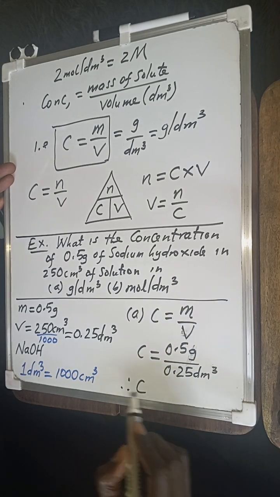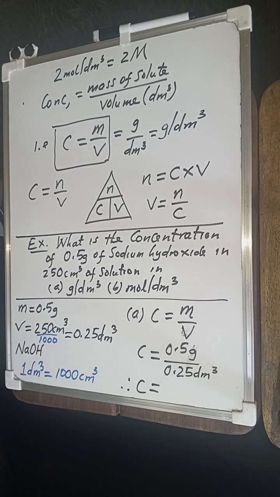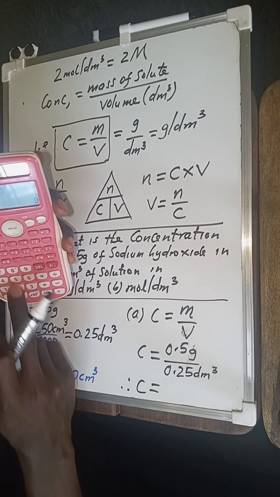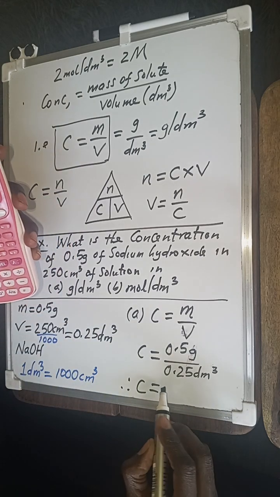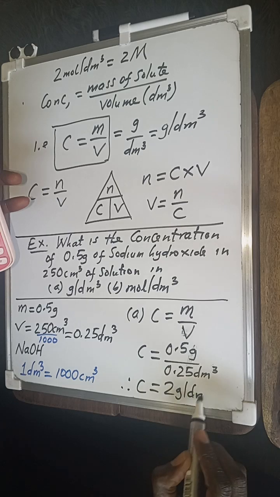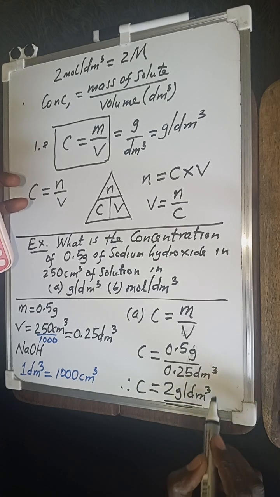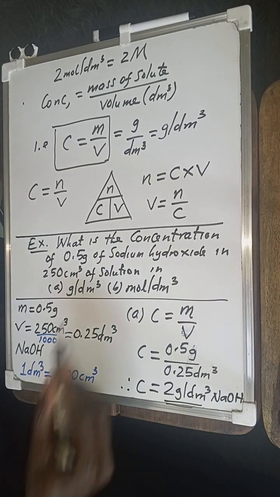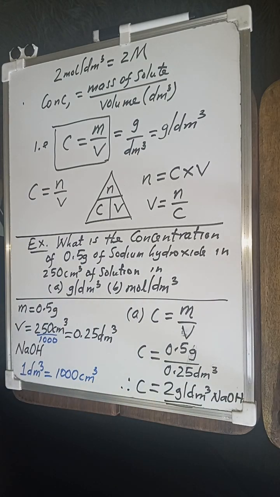Therefore the concentration will be equal to, you can use your calculator, 0.5 divided by 0.25. That is going to give me 2 gram per cubic decimeter. So that's the concentration of sodium hydroxide there. So that's the way you can get it in gram per cubic decimeter.